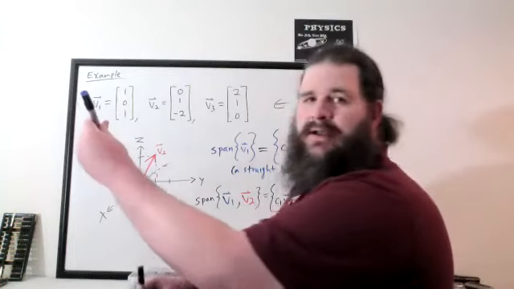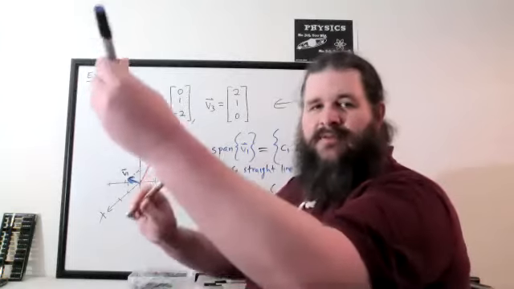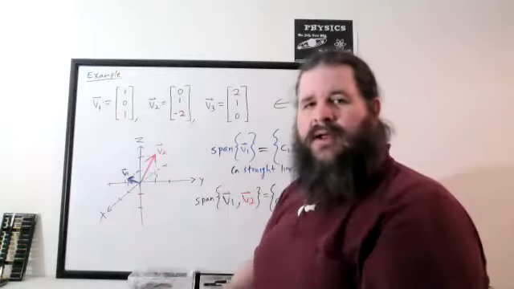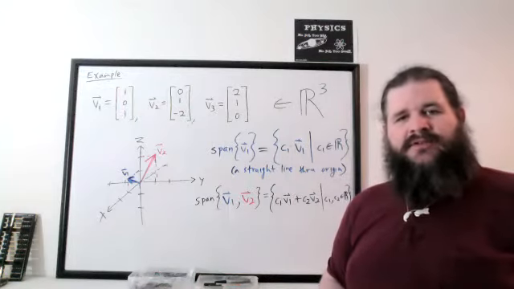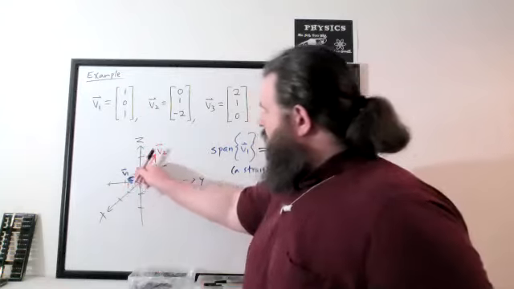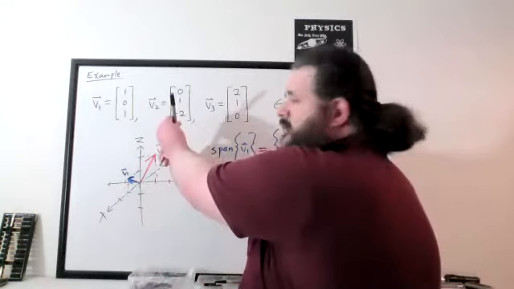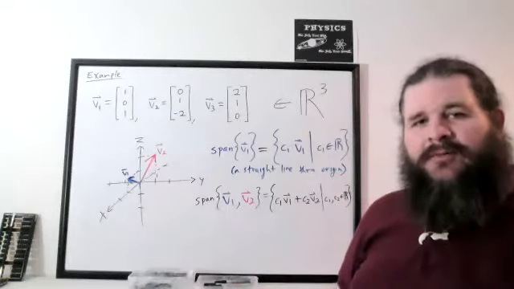In that case, if you can add something times v1 plus something times v2, anything times v1 plus anything times v2, and look at the results, what sort of shape would you get from those two vectors? What sort of region could you get to? If you can walk as far as you want in this direction and as far as you want in this direction, it's not just going to be a line anymore, right?